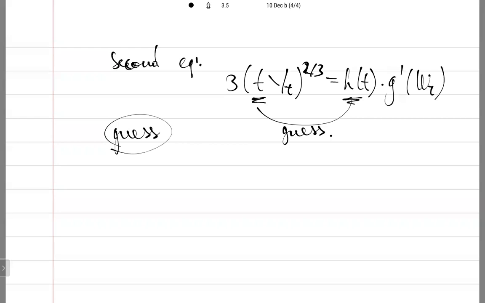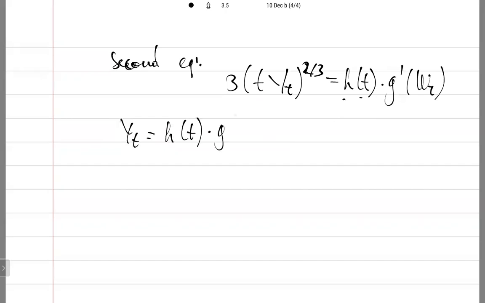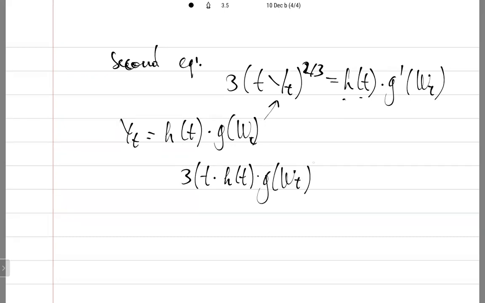No. Why maybe? It definitely contains. We can even avoid guesses. We may plug in yt equal to ht times g of wt. Yeah, you are right, completely. No guess. 3t times h of t times g of wt to the power 2 over 3 equals h of t, g prime of wt.